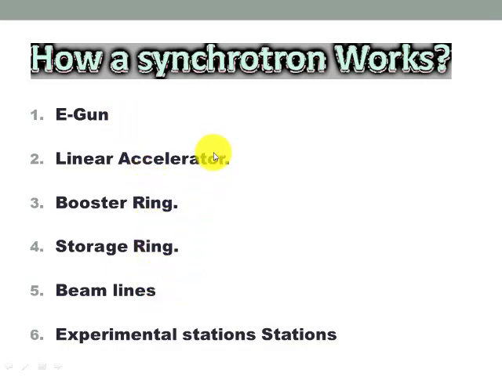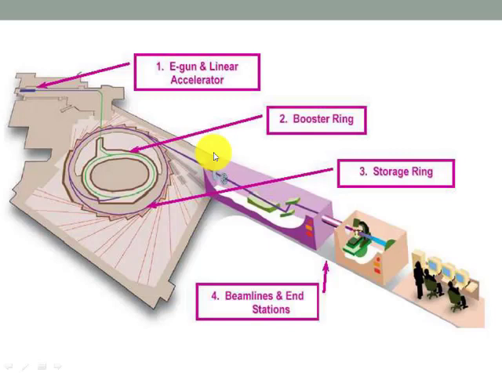We can see these components here. The first part is the electron gun, where the ion source will inject the particle. The electron gun in case of an electron accelerator, or an ion source in case of a proton accelerator, will emit a charged particle into the field.